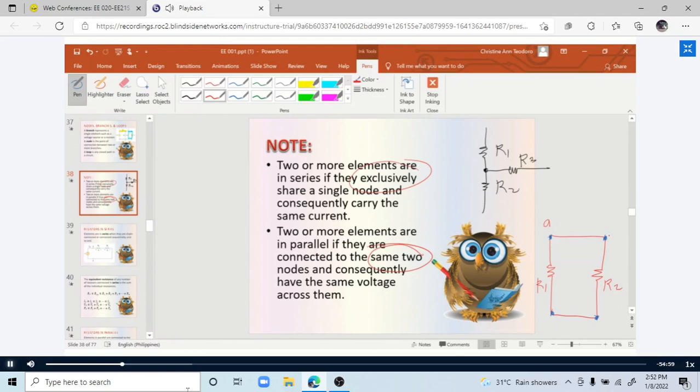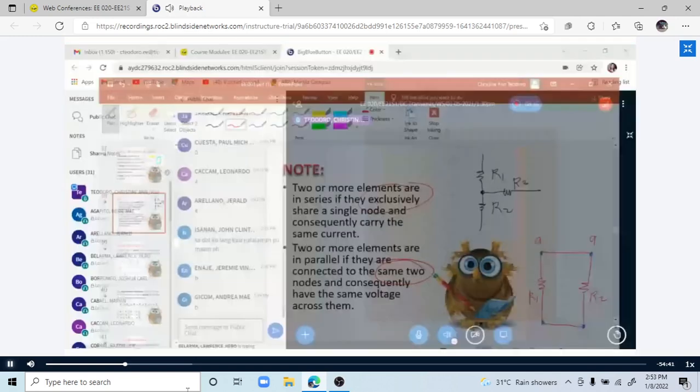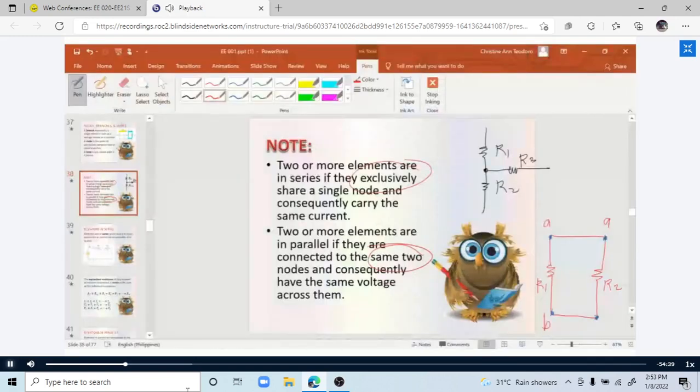Okay, so if I would label this one, and this is again node A, correct? So if this is my node A, and I'll be going onto this node, what is now the name of this node? Node B. Very good. So this is now node B. What about this node?